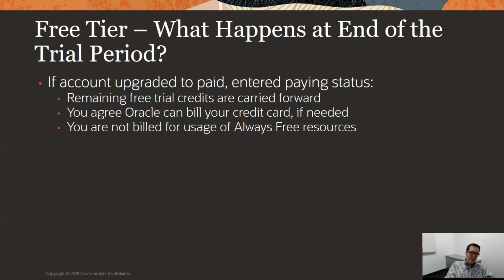That's the key change. If you had free trial credits left over, you didn't consume them all on paid resources during the trial period, so there's some spillover, those free credits will carry forward. So if you still have your 300 intact, you can still use your free 300, even after you've upgraded to paying status.